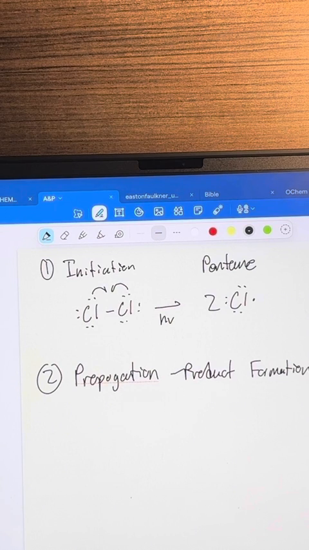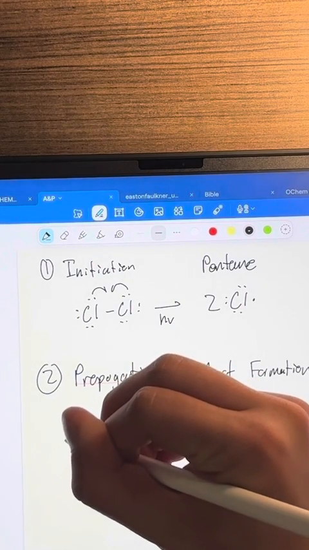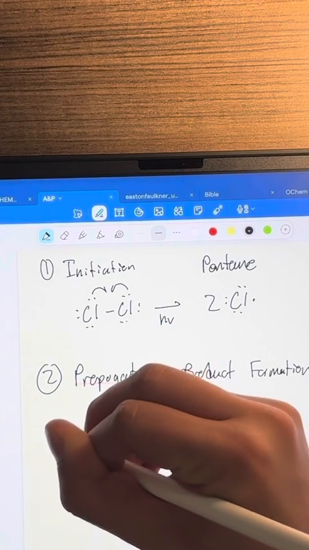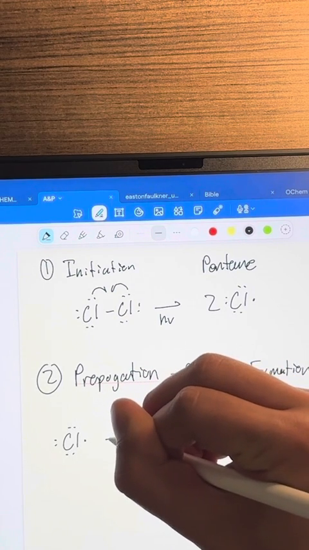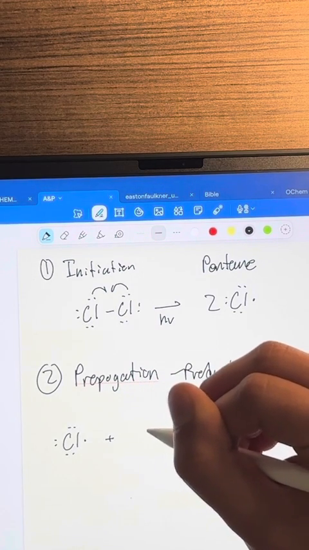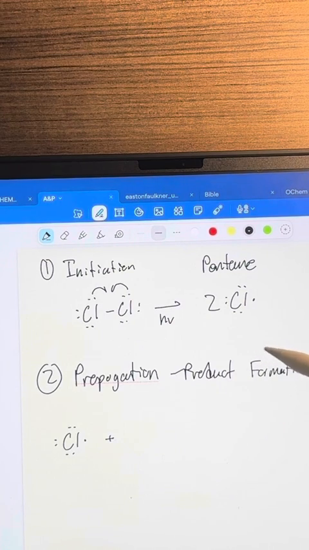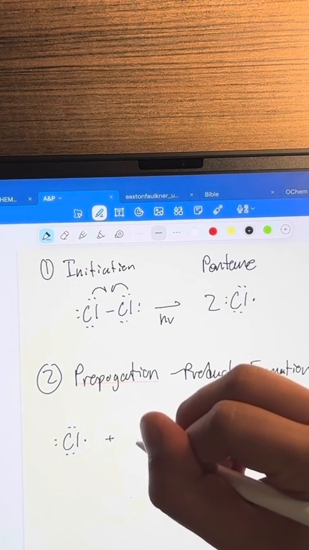And the first step in this product formation is hydrogen abstraction. So we're going to take one of these chlorine radicals that we've created, and it's going to react with part of our pentane molecule.